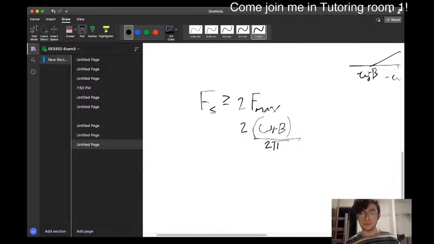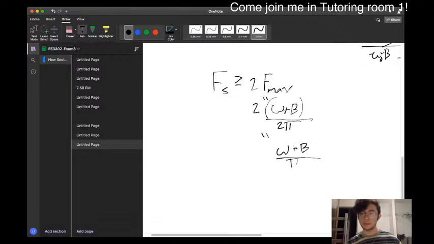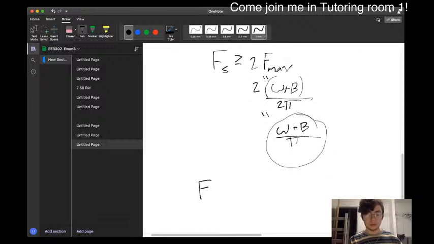So now we get the following, no wait, there's no 2. The 2 is cancelled. So actually, we got our answer. We need our sampling frequency Fs to be greater than or equal to whatever this value is.